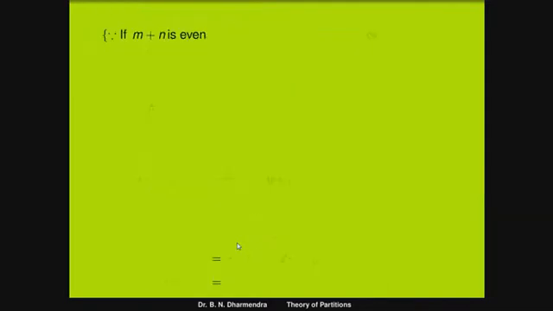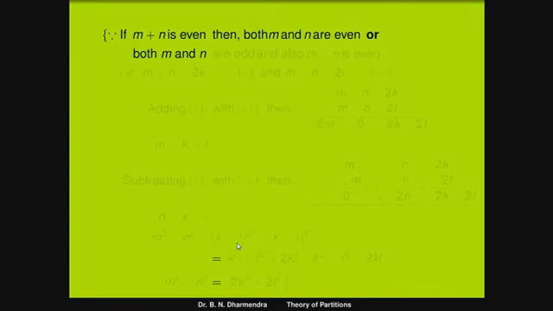That means both m and n are even, or both m and n are odd, and also m minus n is even. There are three possibilities: m plus n is even means both m and n are even, otherwise both are odd, and m minus n is also even.